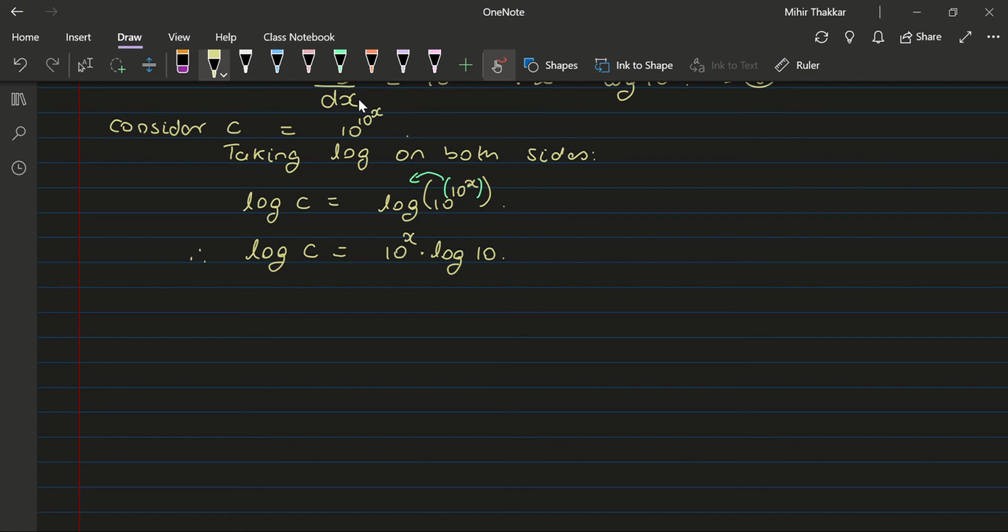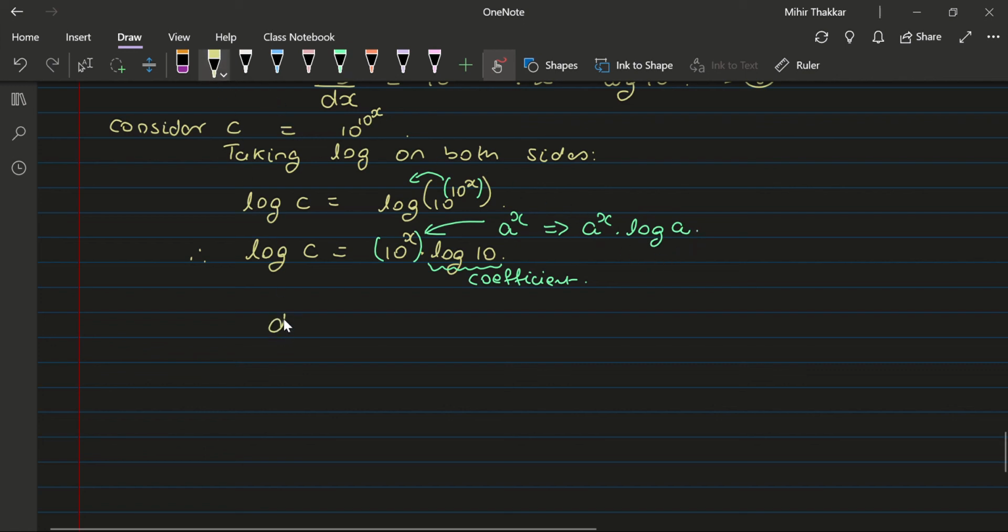Once again guys, as I told you in the beginning, this will be considered again as a coefficient, and 10 raised to x is directly in the form of a raised to x. What is the derivative of a raised to x? It is just a raised to x into log of a.